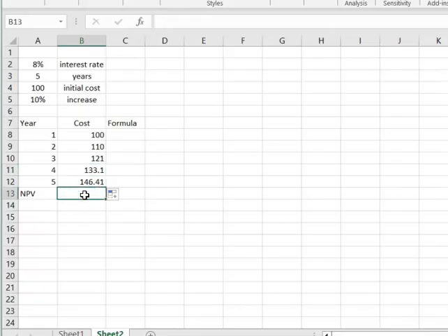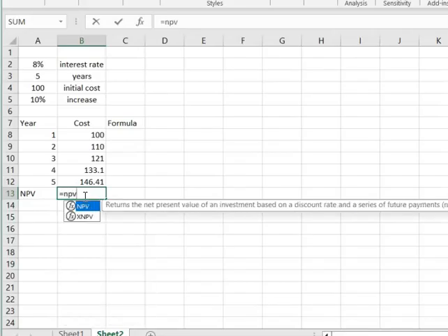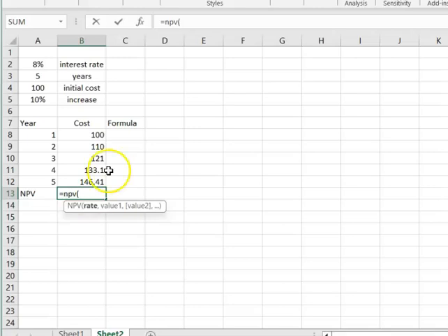So here we are calculating the NPV. And in that way we select all the values. So you see, you can just click, drag, drop, that type of thing, you can handle it. So you see NPV B8 to B12.